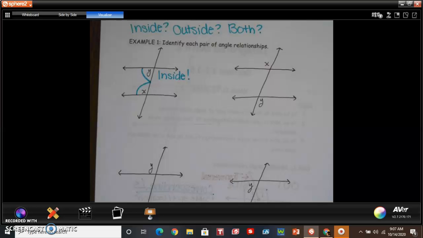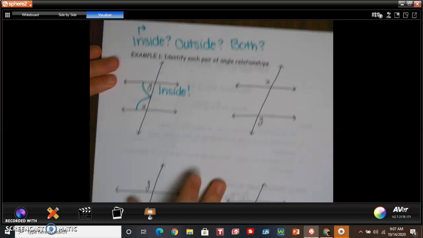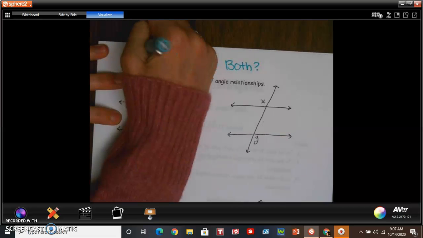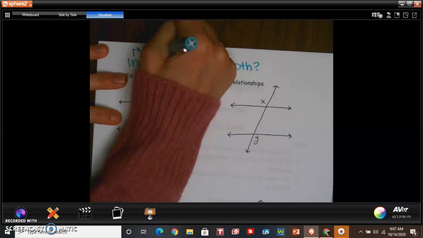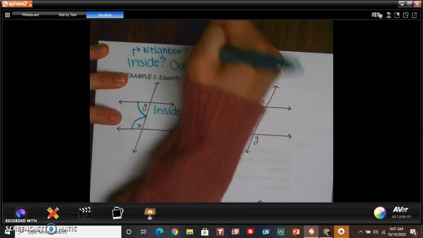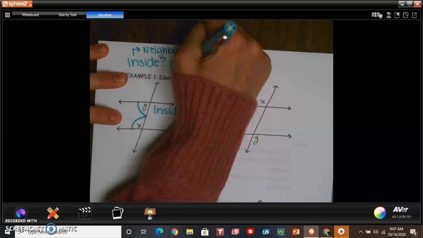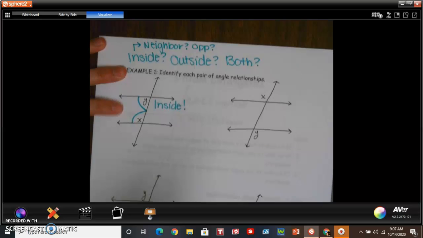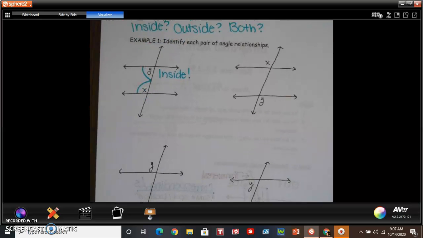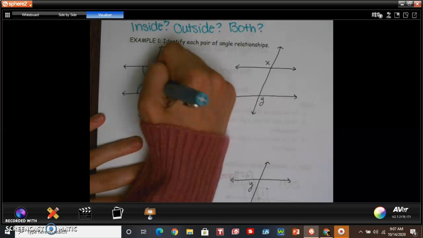So next, if it's inside, we ask ourselves, neighbors or opposite? So when I look at this, X and Y, are they diagonally across from each other, or are they neighbors? They're neighbors.